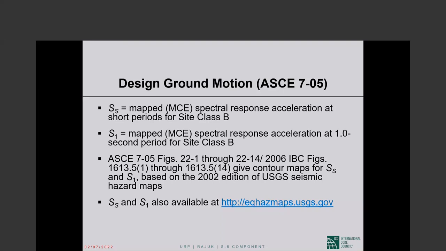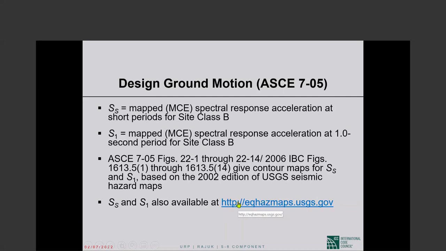Those quantities are given on maps that are part of ASCE 7. But if you are doing design in the US, you would go to the US Geological Survey website and find significantly more accurate values than are obtainable from paper maps. Okay. Now, this is kind of in the old days. Today, we have a so-called hazard tool issued by ASCE that gives us the design quantities.